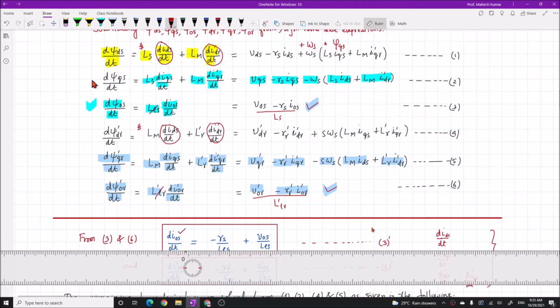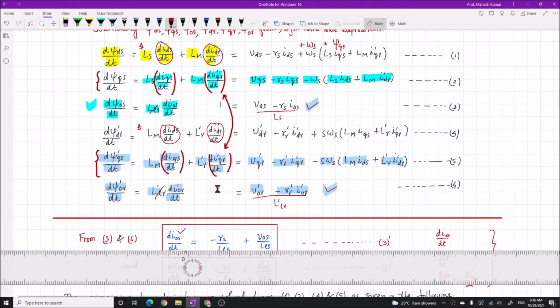You will see these terms are common, that is diqs/dt and diqr'/dt. So with these equations we can solve for diqs/dt and diqr'/dt.